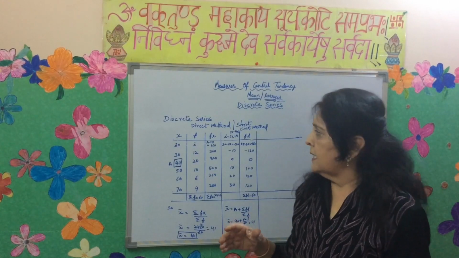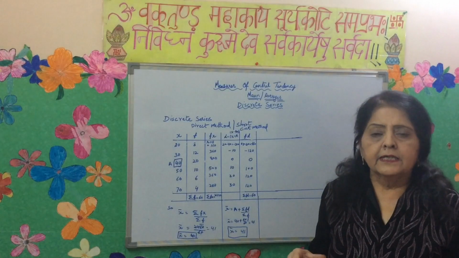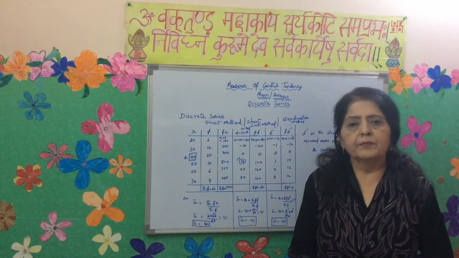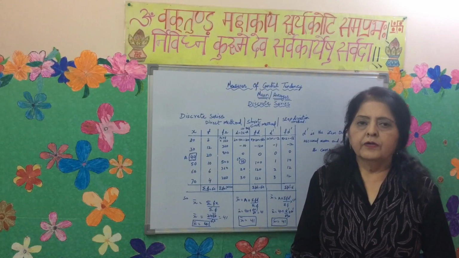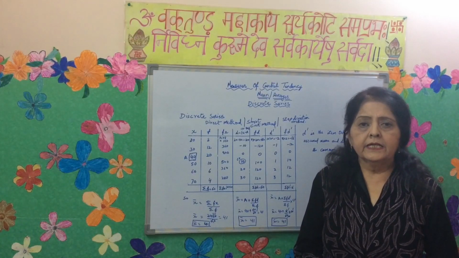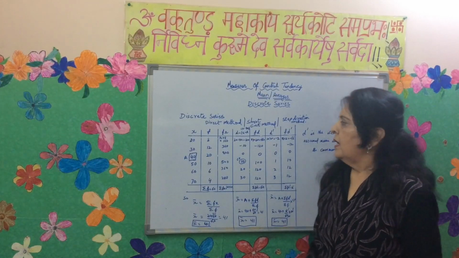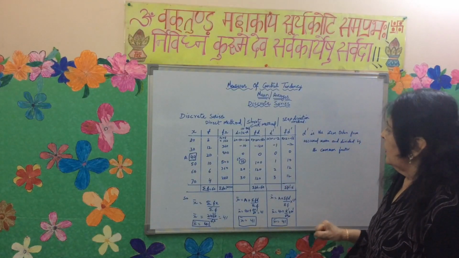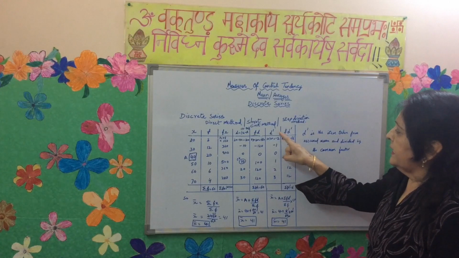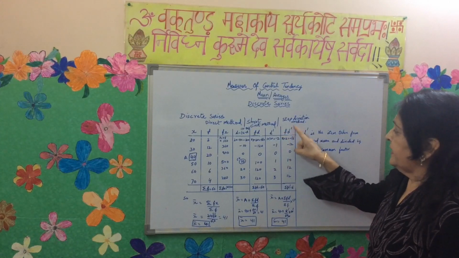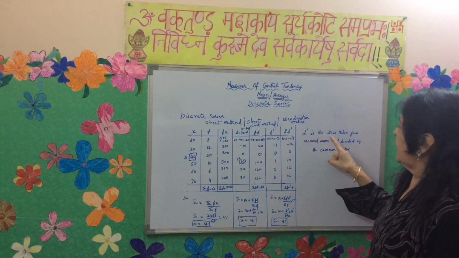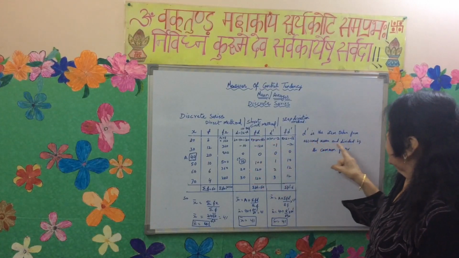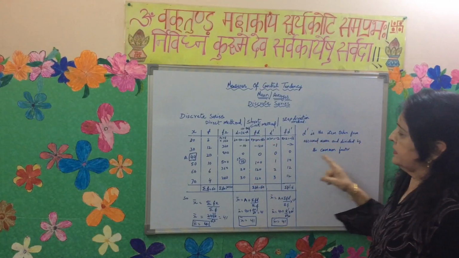Now we will discuss the third method, that is step deviation method. Now we will solve the problem of step deviation in the discrete series. We have taken the same values here. We will take d dash and then fd dash. d dash is the item taken from the assumed mean and divided by the common factor.